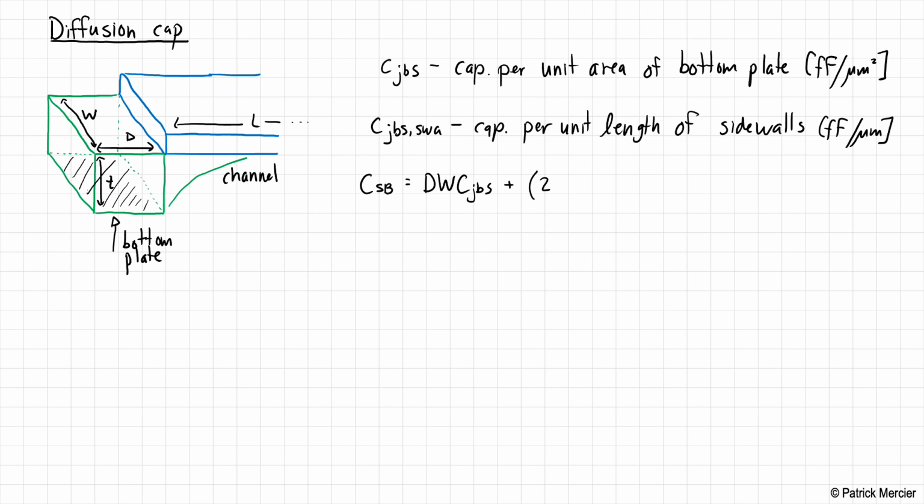So that's 2D plus W times CJBS, comma, SWA for sidewall. Okay, so this describes the total amount of diffusion capacitance in our design. Now, this is only scratching the surface. If you want to learn more about this, it's described in section 2.3.3.